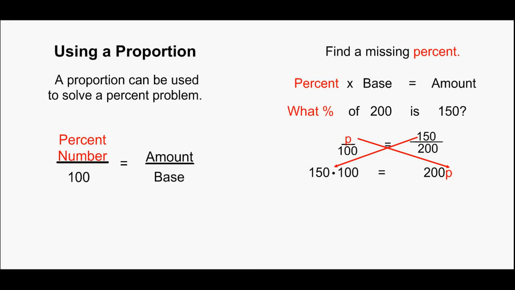Using cross multiplication, P times 200 is 200p. 150 times 100 is 15,000. Divide both sides by 200. P equals 75. The percent number is 75.